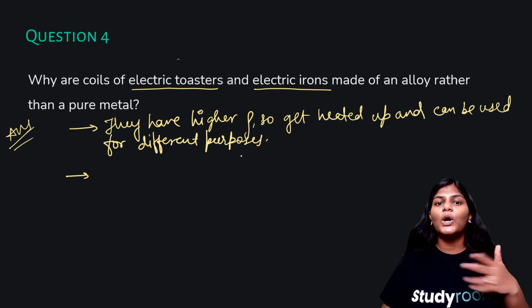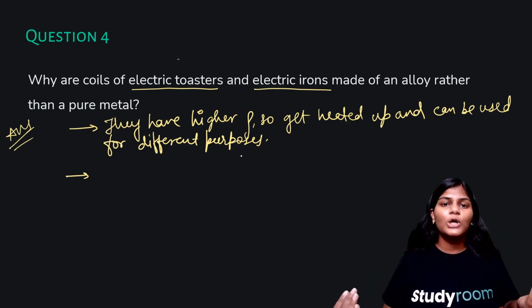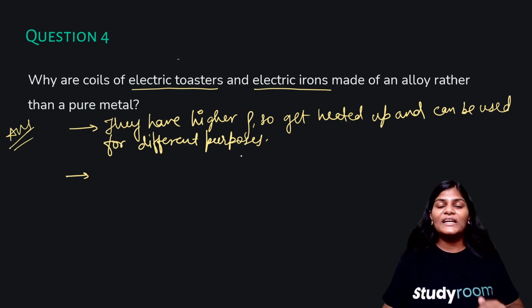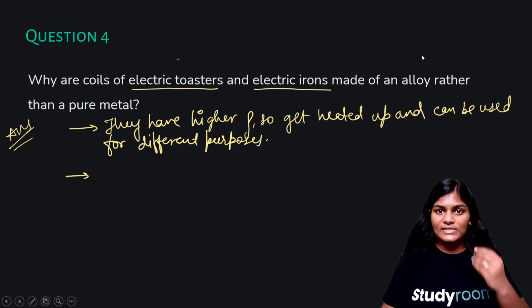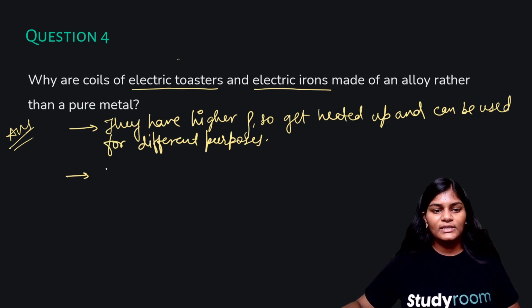So, the appliance like your heater or toaster or electric iron, that appliance is gone because the circuit is incomplete, so the appliance will not work. That is why we use substances like alloys. So we will write that they are alloys.